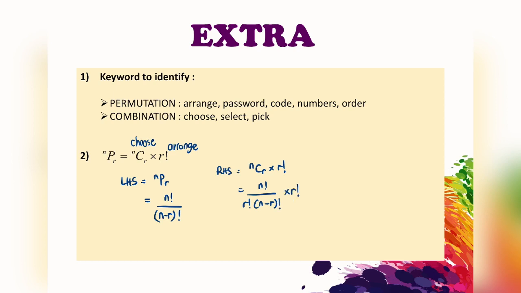We need to multiply by r factorial again, and r factorial over r factorial will be 1. That's why it will only be left with n factorial over n minus r factorial. And if you see here, the left hand side and the right hand side are the same. So that's why NPR can also be written as NCR multiplied by r factorial.